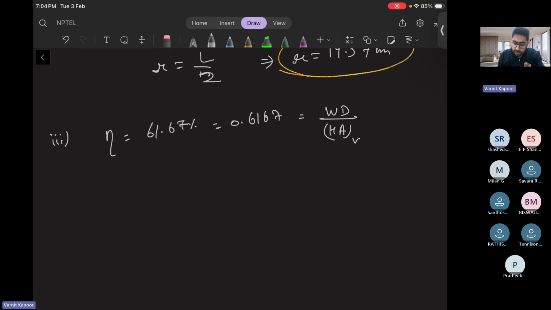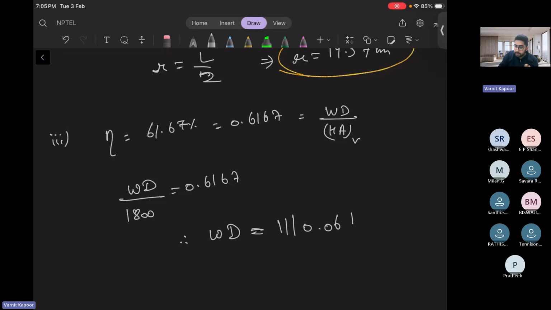You are given the heat addition directly, so 1800 times 0.6167. From here, work done will come out to be, sorry, not 689, it will be 1110.06 kilojoule per kg. This is your work done, which was asked.